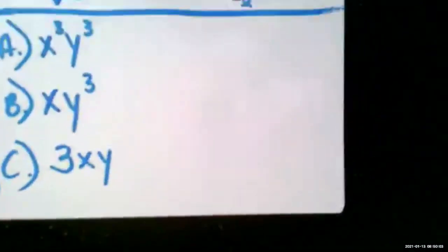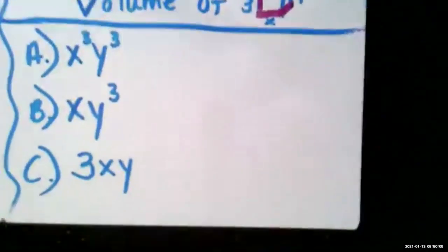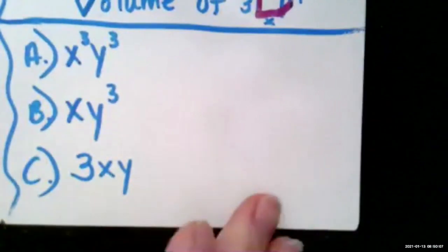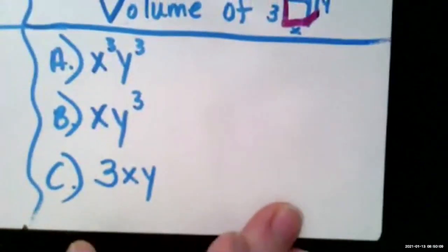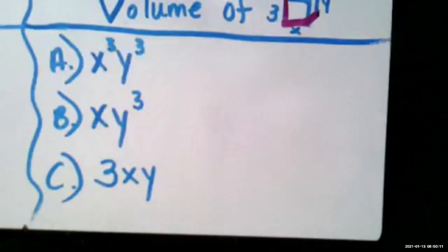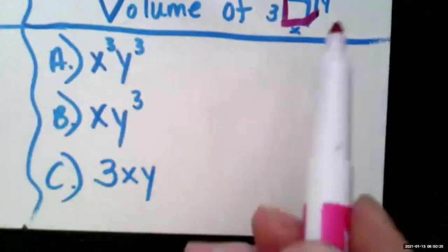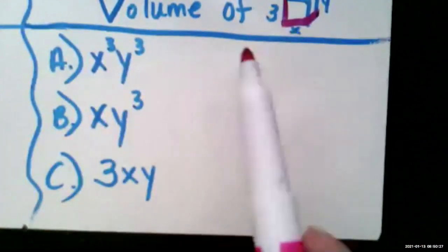So my question is, which one of these would actually be the volume of this cube? 3, x, and y. Would it be A, B, or C? Remember, it's side times side times side.